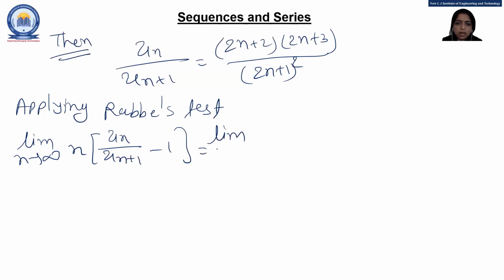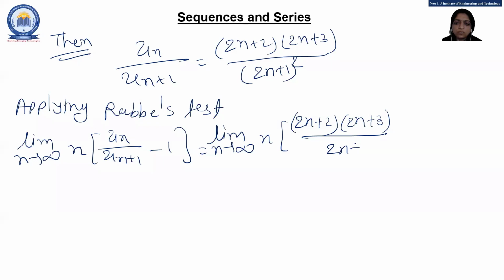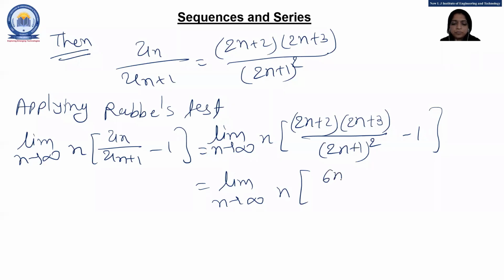So limit n tends to infinity n into ((2n plus 2)(2n plus 3) upon (2n plus 1) whole square minus 1). And after simplifying this bracket, by taking LCM of (2n plus 1) whole square, that is limit n tends to infinity n into (6n plus 5) upon (2n plus 1) whole square.